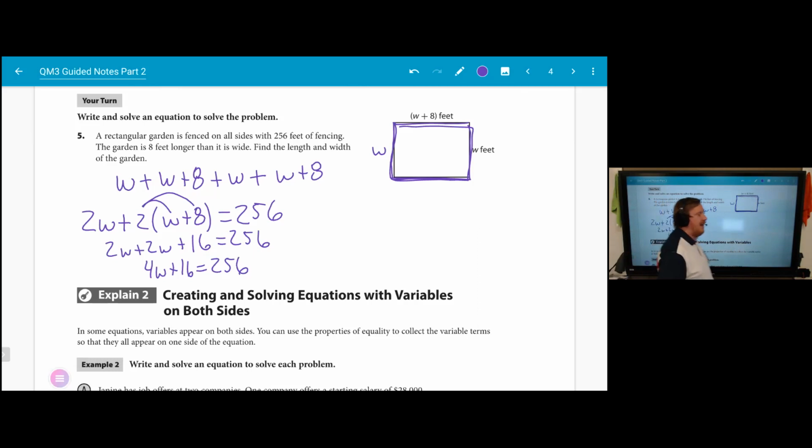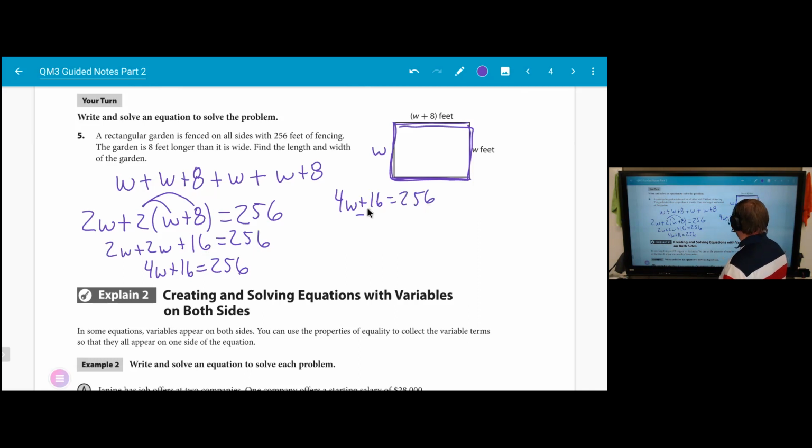And now what do we have again? A two-step equation. It's like I planned these things. 4W plus 16 equals 256. I subtract 16 from both sides. I have 4W equals 240. I divide both sides by 4. And W is 60. Yay!